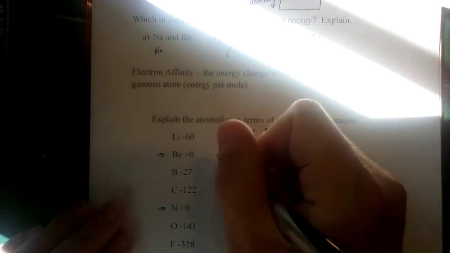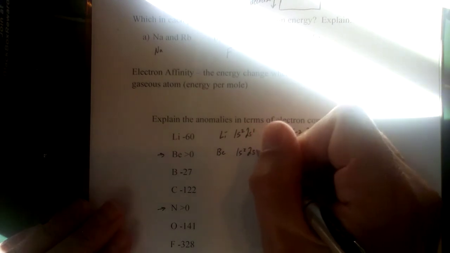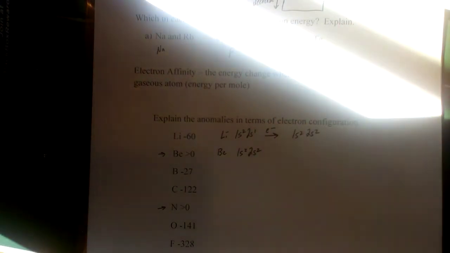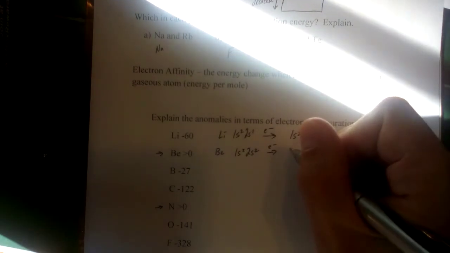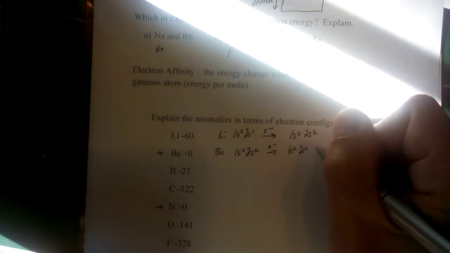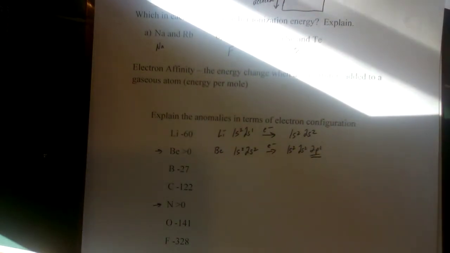What's different about beryllium is beryllium already has a second electron in its 2s sublevel. So to add an electron to beryllium, we have to put that electron in the next highest sublevel. So beryllium with an added electron, that electron would have to go in the 2p sublevel. And that's the difference here.